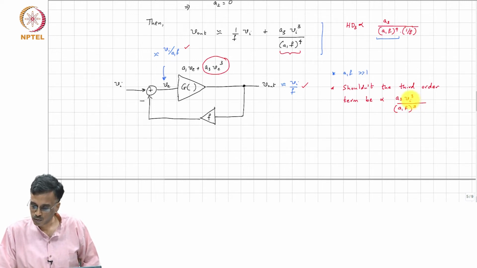I mean, there is another f cube, I believe, right. Sorry, no, Vi by A1f, yeah, that is it, okay.